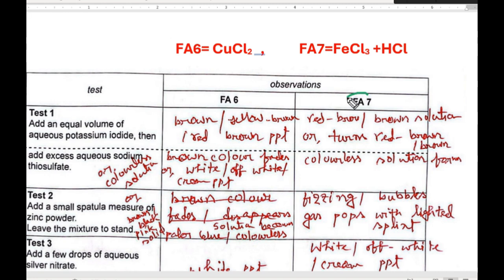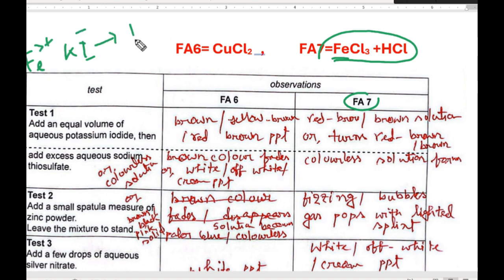Okay, then now FA7, iron(III) chloride. If you add potassium iodide, iron(III) oxidizes iodide ion to iodine. So here you must write red brown or brown solution.